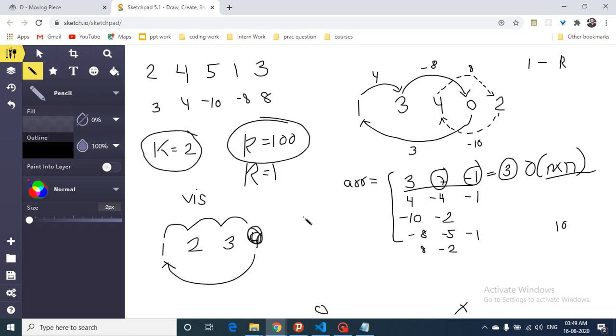So there are two cases. The first case can be, let's assume that k is equal to 100 and cycle size is 3. And so if I divide 100 by 3, what will I get?